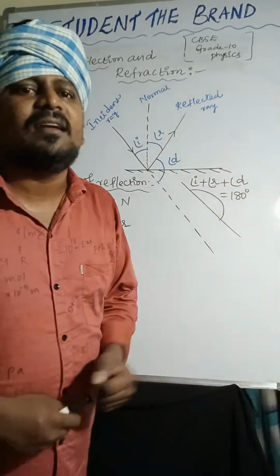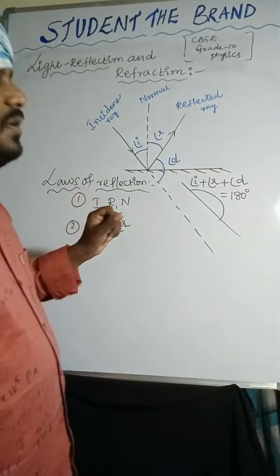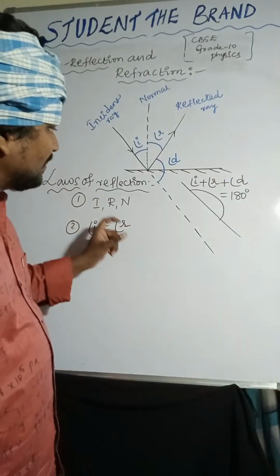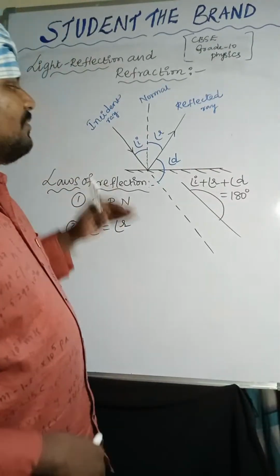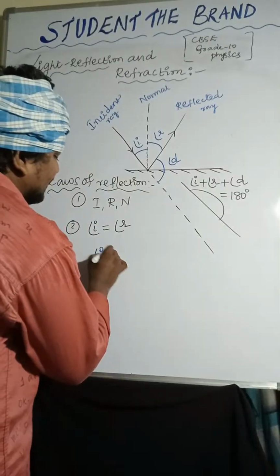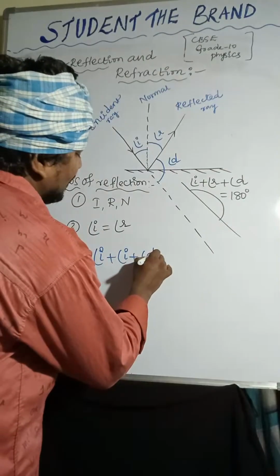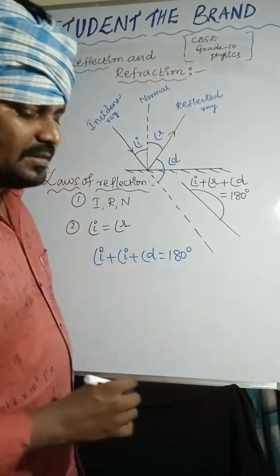We know that angle of incidence is equal to angle of reflection. By considering the laws of reflection, angle of incidence plus angle of incidence plus angle of deviation equal to 180 degrees.